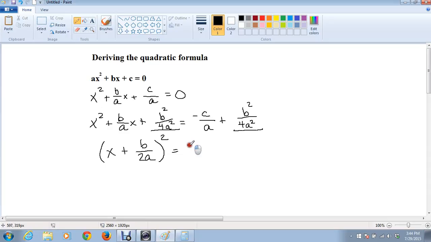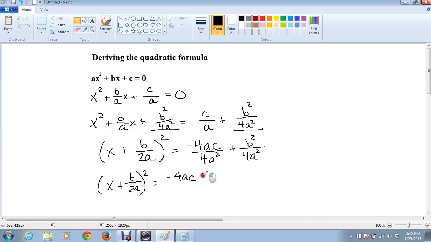So we're going to end up with negative 4ac over 4a squared plus b squared over 4a squared. Now we can combine those two fractions together. So we've got x plus b over 2a squared equals negative 4ac plus b squared all over 4a squared.